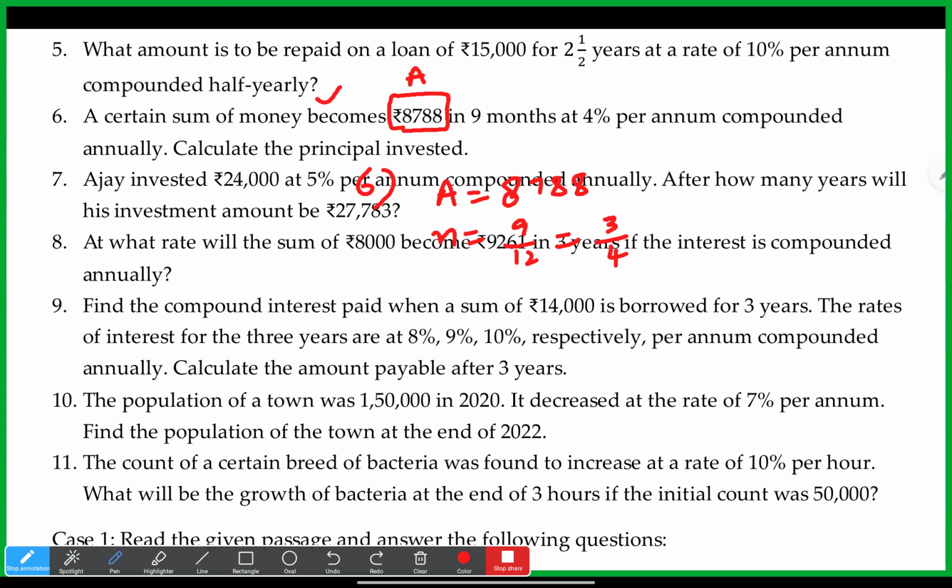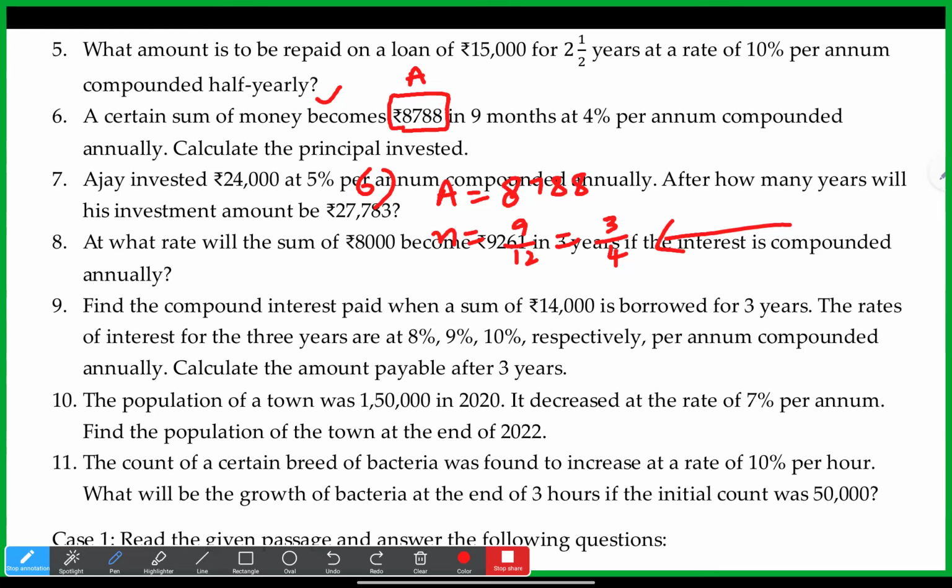Actually, Ishwa, this is the question where you get the value as a fraction. These types of questions, it means it is less than 1 year actually. 9 months is less than 1 year. Yes, sir. Because of that reason, Ishwa, here we will get the n value as a fraction.